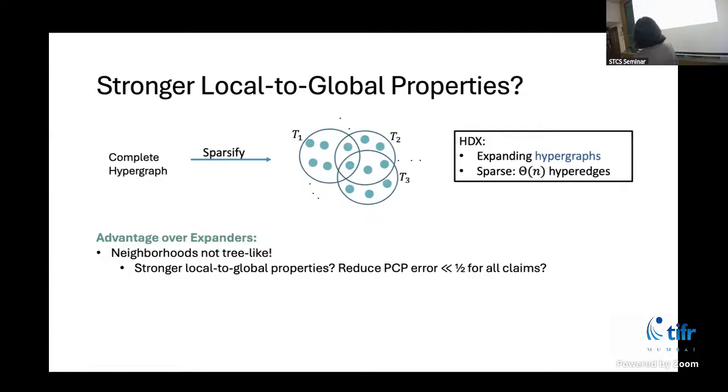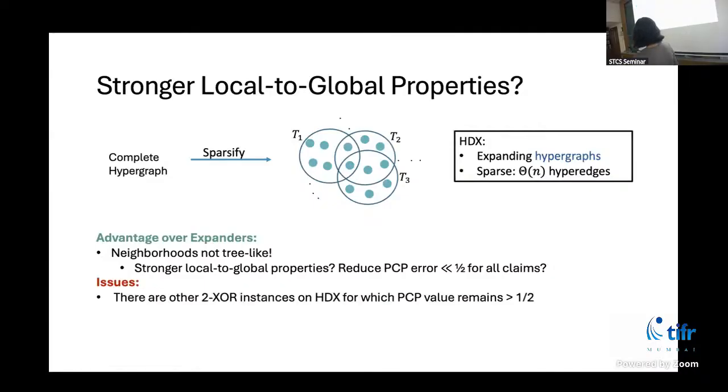It is true that even on HDX, you can construct other 2 XOR instances, not two coloring but other 2 CSPs, for which the PCP value remains at half for the obvious neighborhood PCP that you consider. So that's the issue.